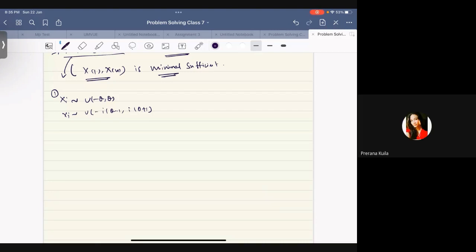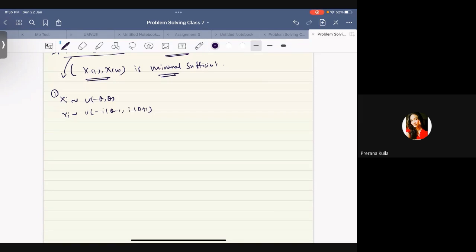Sir, completeness. I think, sir, we have to find the value of uniform theta one comma theta two, once again. If X follows uniform theta one comma theta two, then X order 1 and X order n is a complete statistic for theta 1 and theta 2, because they are two parameters.